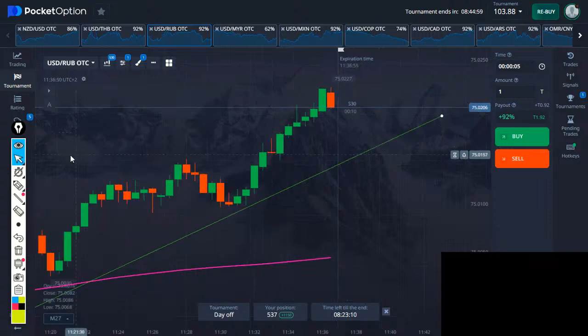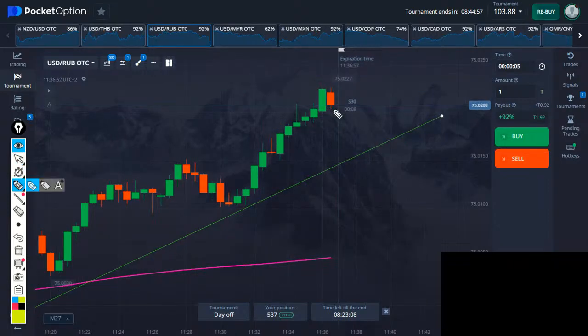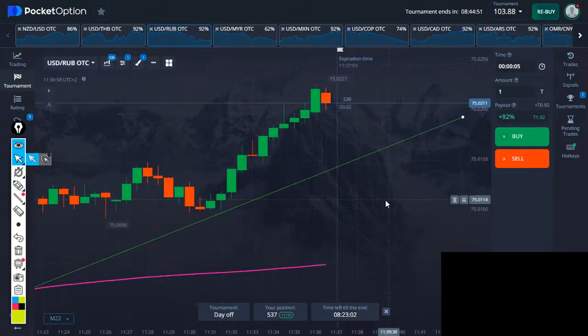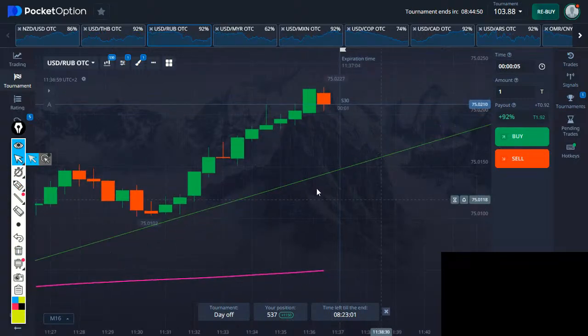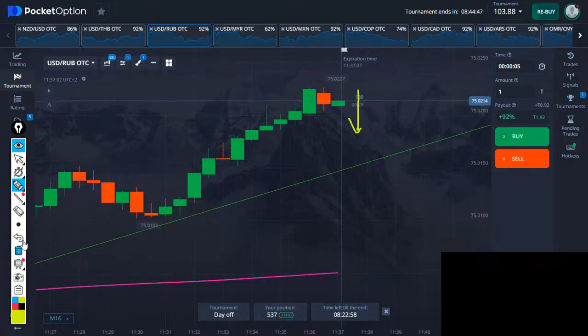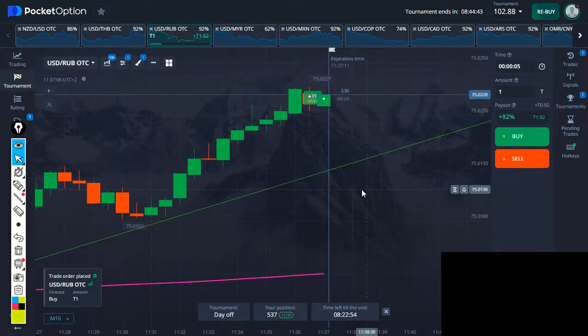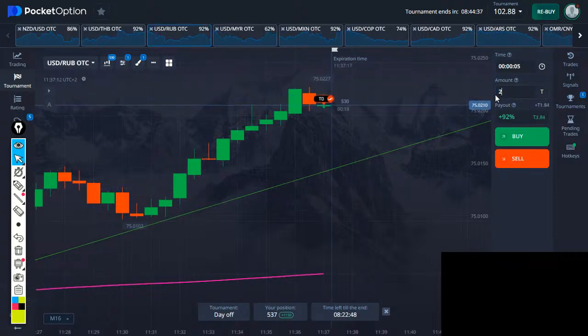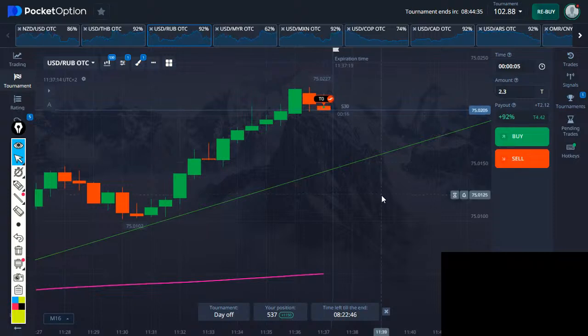Let's see. We might now see a pullback to this trend line level. Now, you might take reds in this case, but let's take, we have green, powerful green, go for a buy. Pulled back on us. We go to 2.3, the second trade amount.